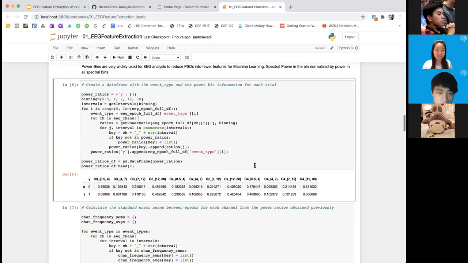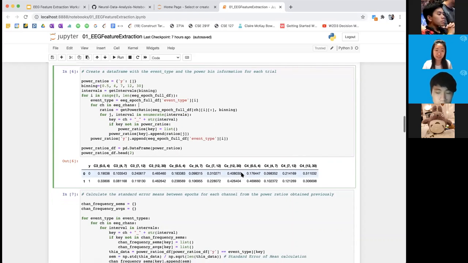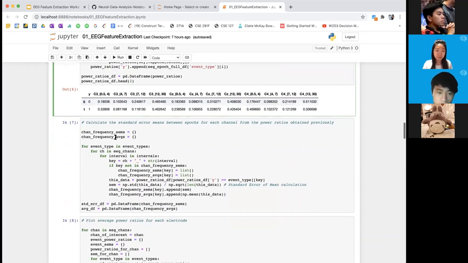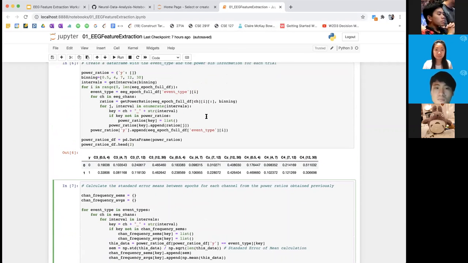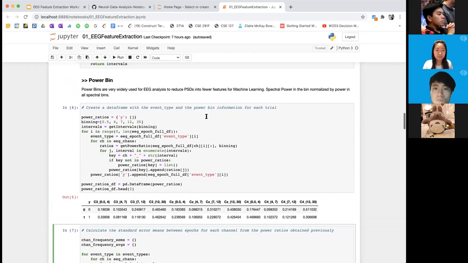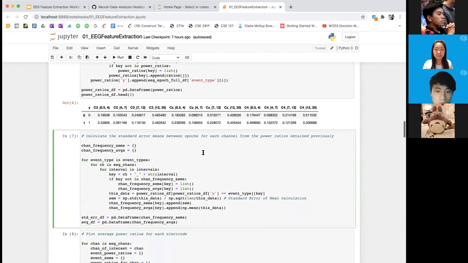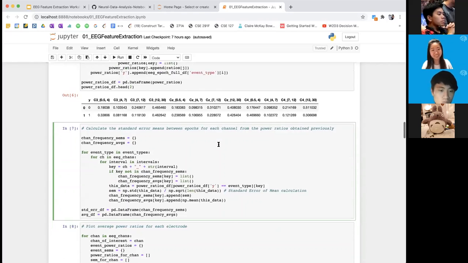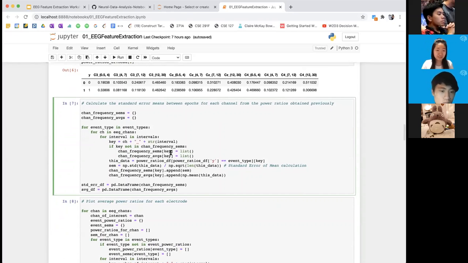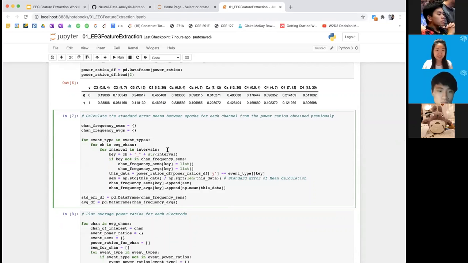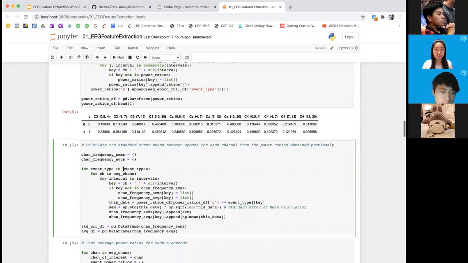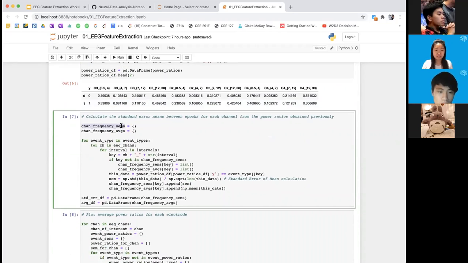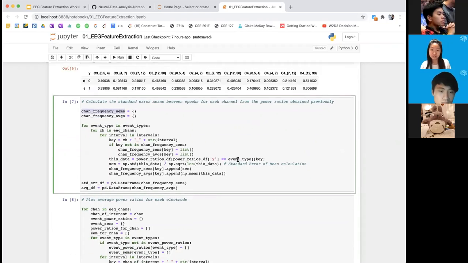Cool, if anything else comes up, just feel free to put it in the chat. We do see something very similar here when we want to, oh, actually, wait, we're still working with power ratios. Okay, so continuing with power ratios, not only do we want to get the averages, but we also want to get the standard errors.